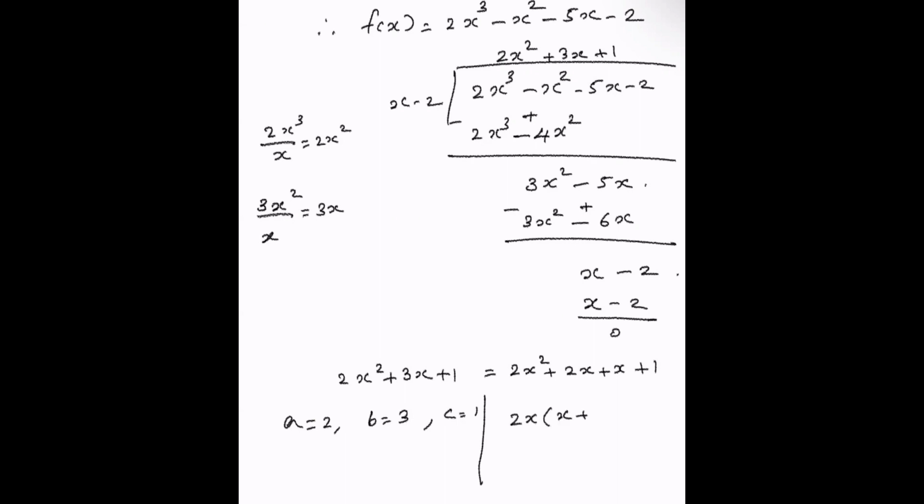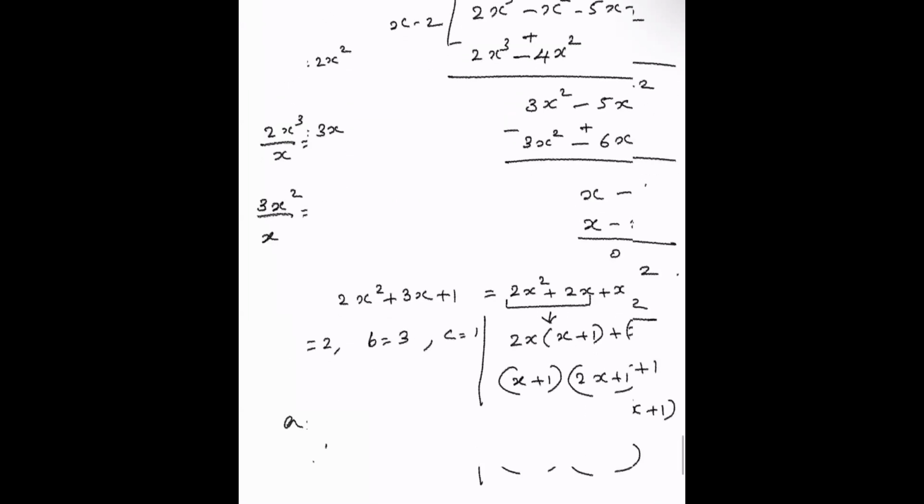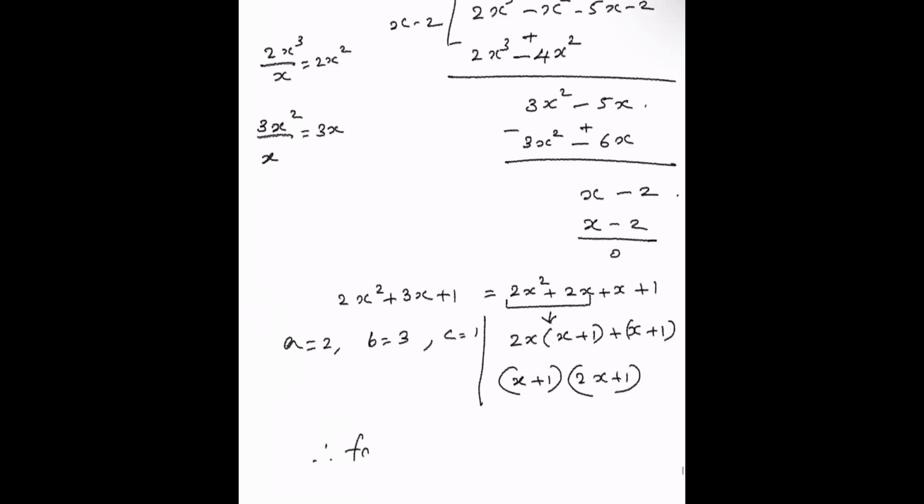I have x plus 1, plus x plus 1. This gives me x plus 1 into 2x plus 1. So therefore factors are x minus 2, x plus 1, and 2x plus 1.